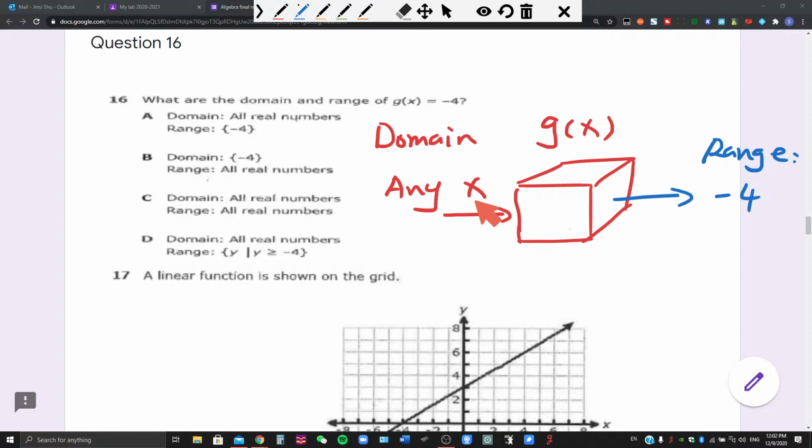So domain is any value, all real numbers. The range is just -4, and therefore the answer is A. Domain all real numbers, range only -4. So this function only outputs -4, nothing else.